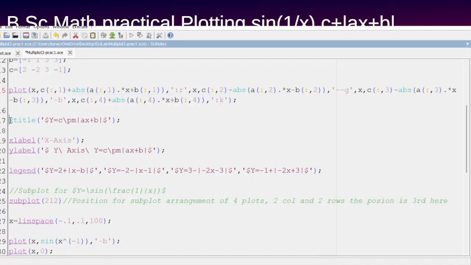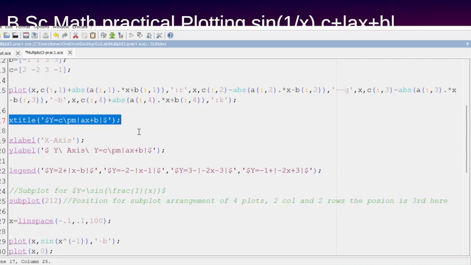Okay, and I give the x title here. That means that's a subplot. Over that x axis, at the top of that plot, it will be written as y is equal to this. Instead of the title command we used in our last lecture, this will work the same, but it will not give the title of the whole plot.